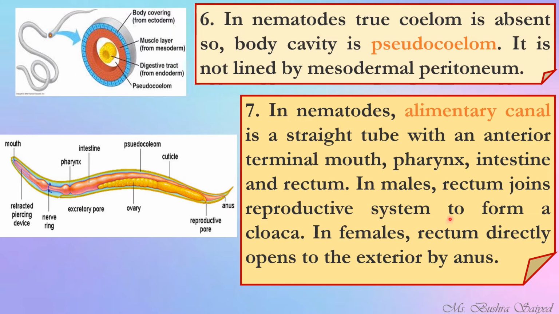In males, the rectum joins the reproductive system to form a cloaca. In females, the rectum directly opens to the exterior by the anus. This is the major difference between males and females in nematodes: the male has a cloaca, but in the female it is the anus. In males, the anus has been replaced by the cloaca.